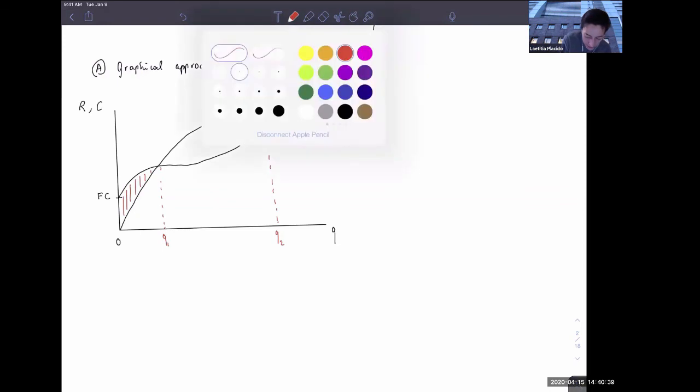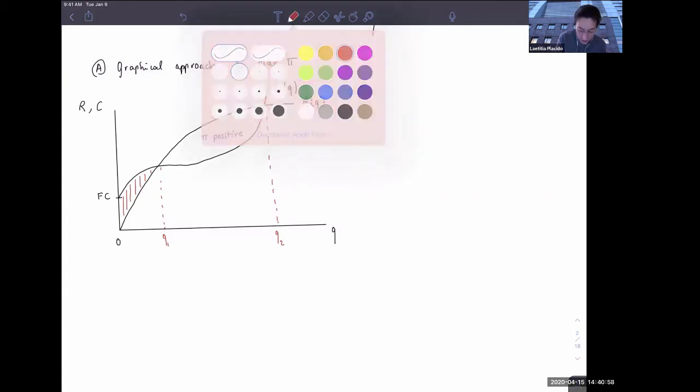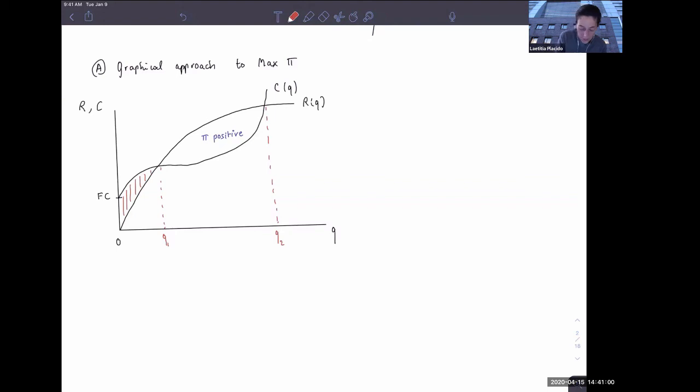Then between Q1 and Q2, total revenue is always higher than the total cost, okay? So in this area here, your profit is going to be positive, okay? And then again, you reach Q2, and above Q2, your profit is gonna be negative again, okay?